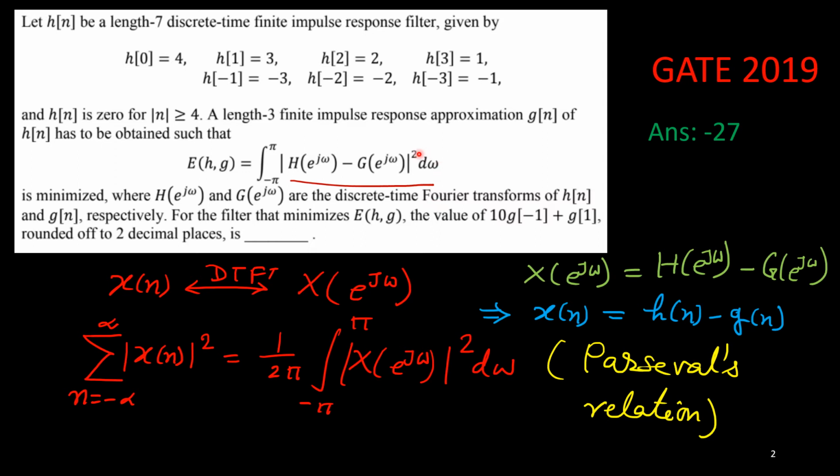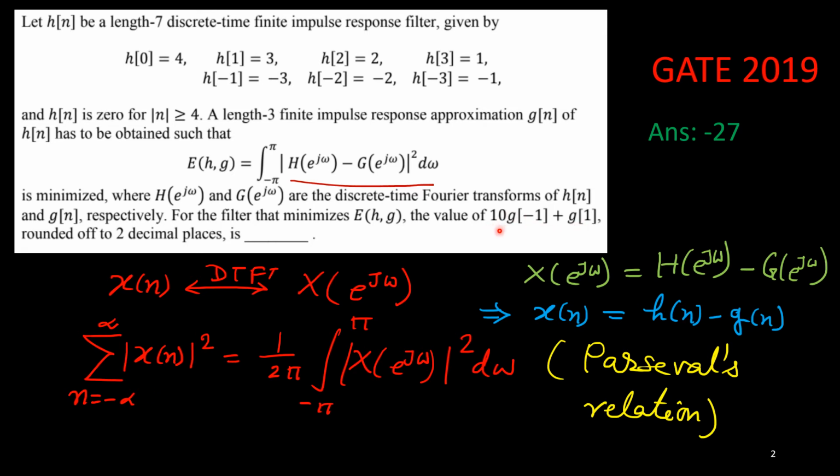So this right side, if we want to minimize, that means we have to minimize just this summation, right? So that is the idea.